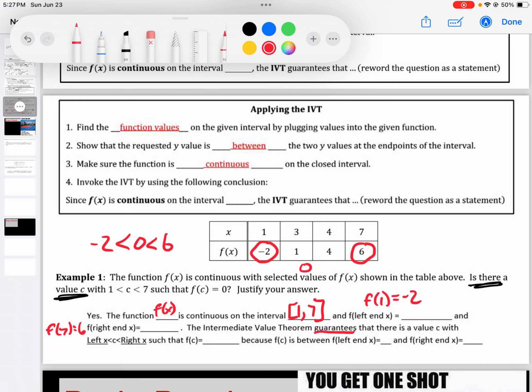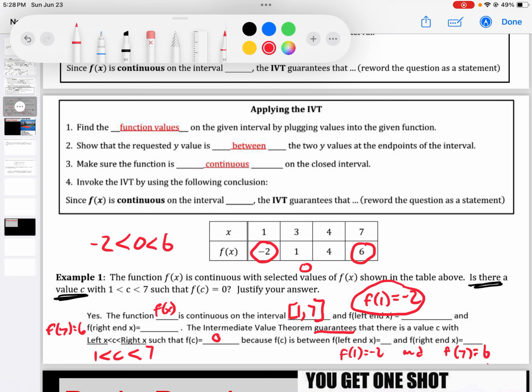Then say the intermediate value theorem guarantees, I like that word guarantees, that there is a value c with c in between 1 and 7, because that's what the question was saying, so I'm rewording the question, such that f of c is equal to 0, because f of c is in between f of 1, which is negative 2, and f of 7, 6.